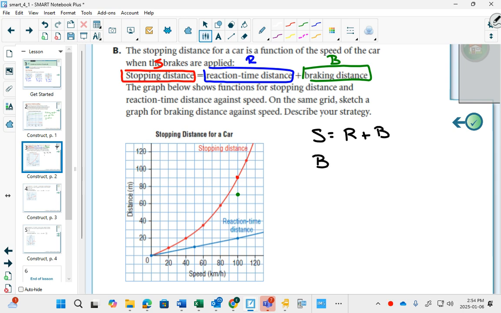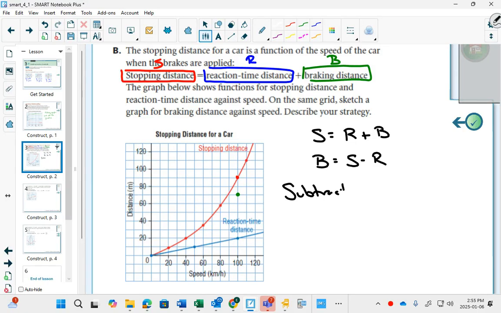And if I wanted to rearrange this to get B by itself, I'd have to subtract the R to the other side. And so we're subtracting. And what's the idea of subtracting?